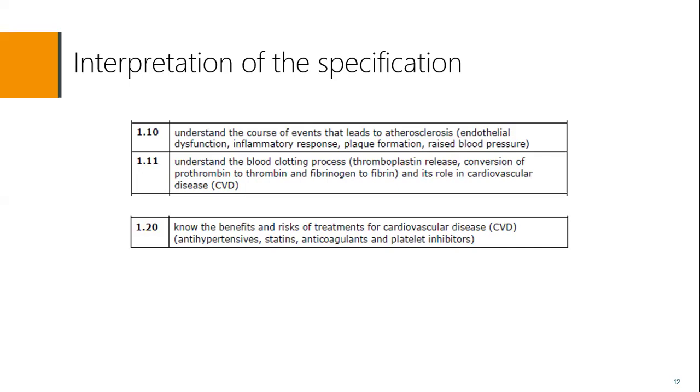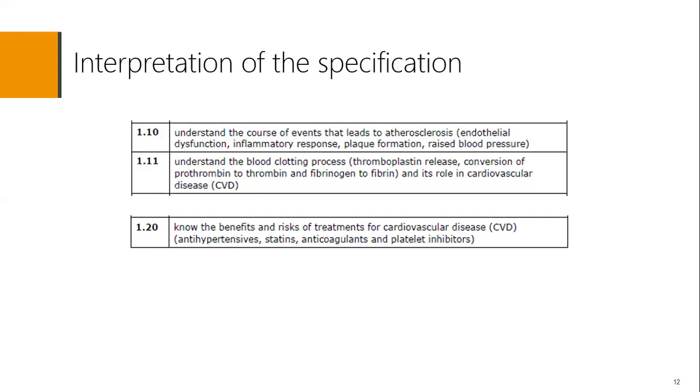The content for the unit is then split into 2 broad topics, and each topic is split into a number of specification points. There are around 20 individual points for each topic. So it's all broken down to tell you what is expected to be covered in your teaching of this qualification.